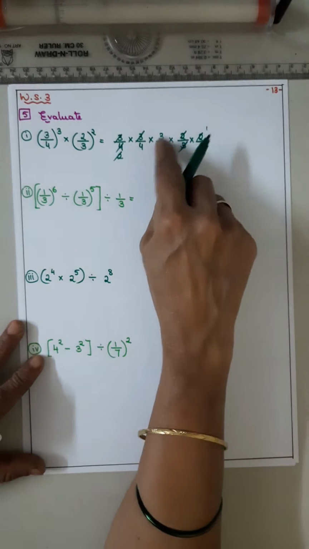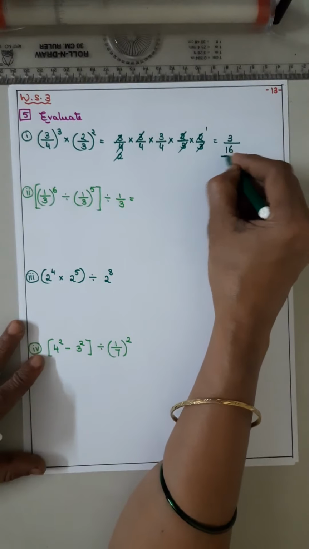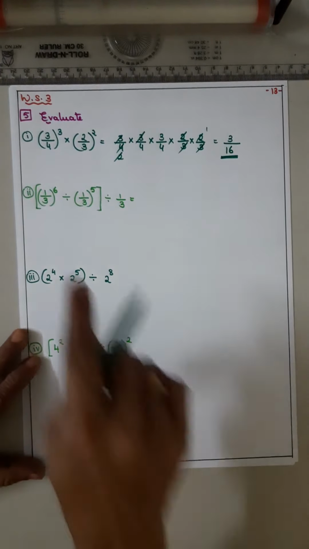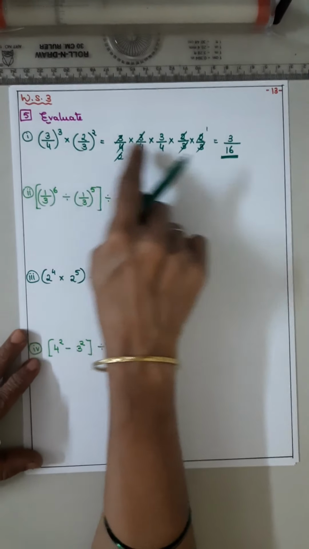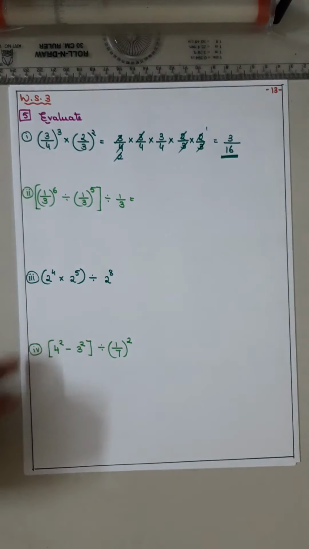Now how much is remaining? In the numerator 3 and in the denominator 4 4s are 16. Don't waste time in finding the value. Just write how many times it is there, and the other one also, and get it cancelled.